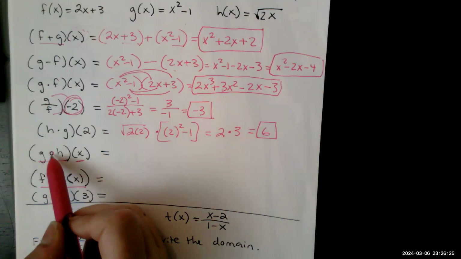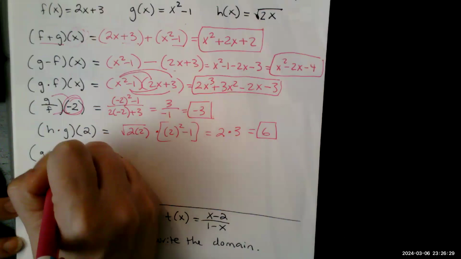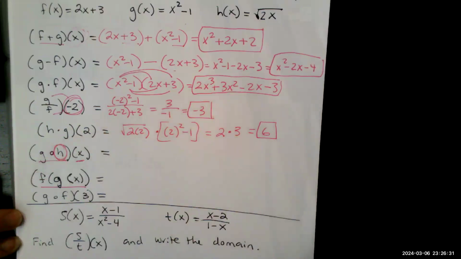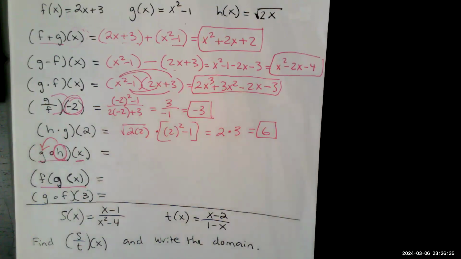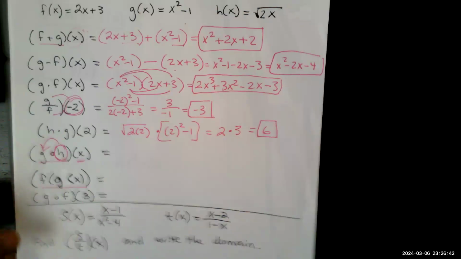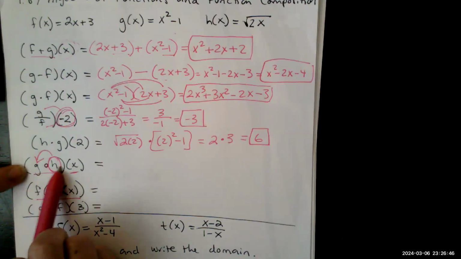G of H really means I'm going to take whatever the H function is, the whole thing, and put it into the G, which means I'm going to put it into the G function instead of the x. That's how you put a function inside another function. So what I like to do is start with the first one and leave the space for that second one.